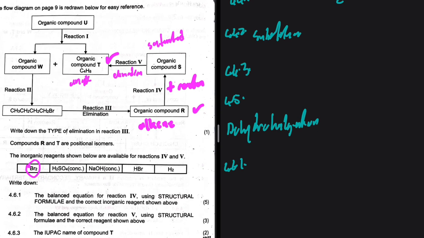So how can we get rid of 2 Br in the branches? Well, H2SO4 is not going to work. NaOH is not going to work. HBr is obviously not going to work. H2 is not going to work. So if we add the Br2 there, we're going to have issues in that we cannot remove it with any of the other reagents. So Br2 is not playing a part here.